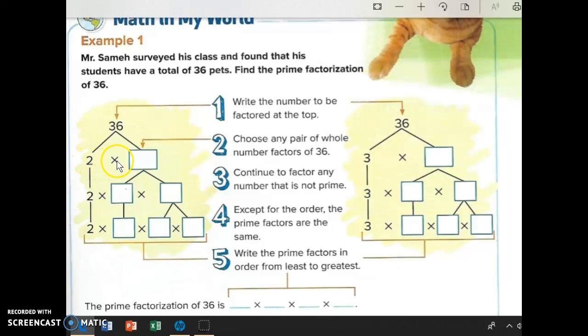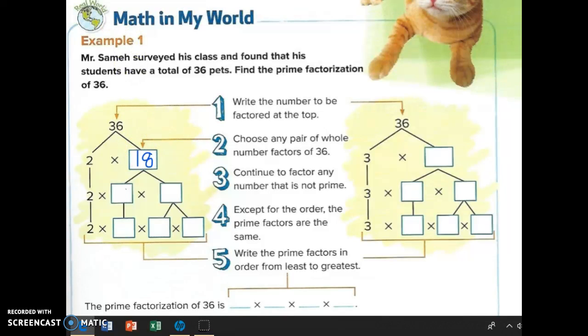So 2 times what is 36? 2 times 18 is 36. Now we have to do exactly the same with 18. So we have to say what times what is 18. 2 times 9 is 18.